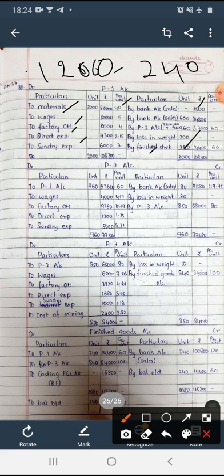So finished stock 240, and remaining is 1200 minus 240, means 960. 960 for what? Next process. Total output is 1200. In that, 240 transferred to the finished stock means the remaining is transferred to the next process. Next process 960. Then the difference is the loss in weight, 200. Now the unit column is over.